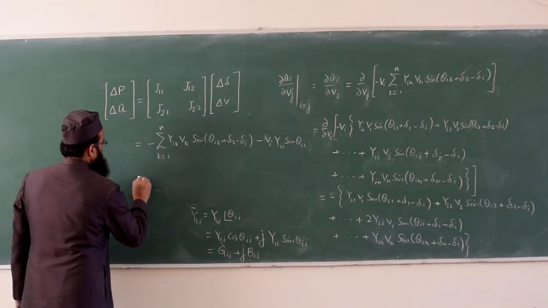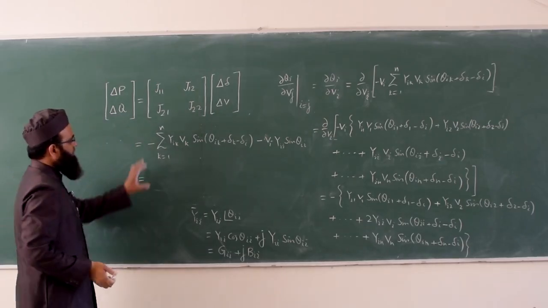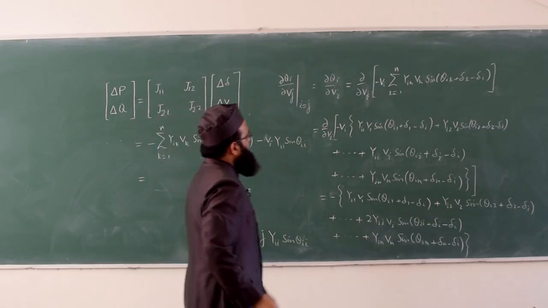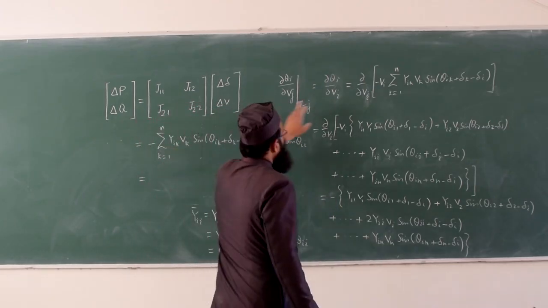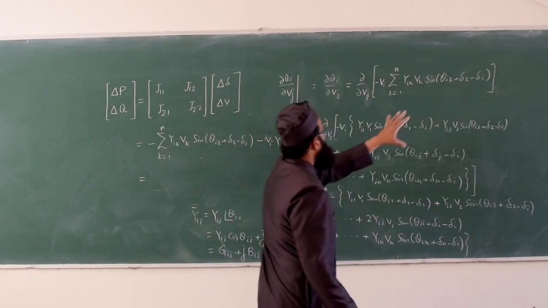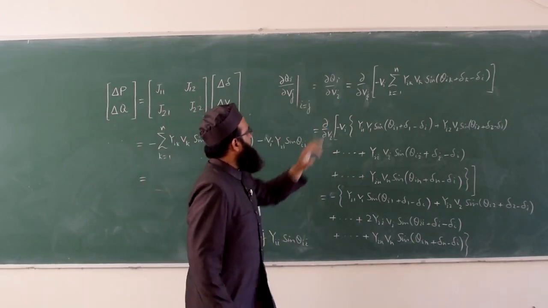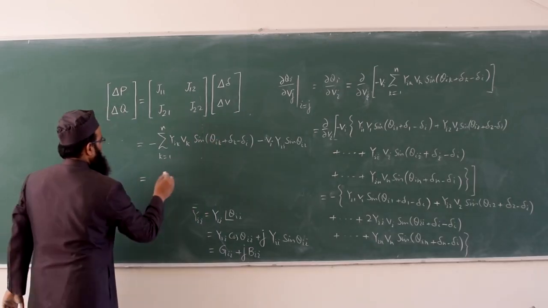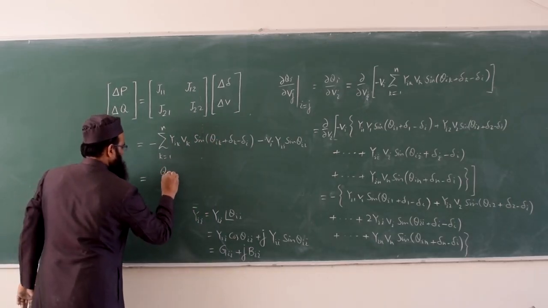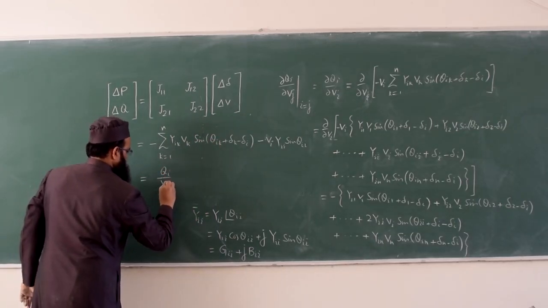And what is this? See, minus sign is there, only Vi is missing, other terms are as it is. So, we can write this as Qi and Vi, so Qi upon Vi.